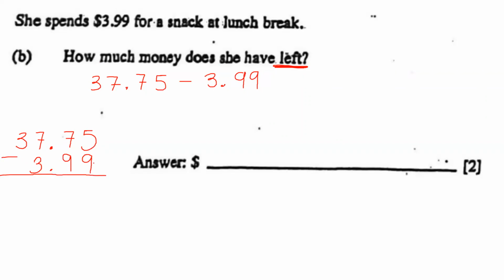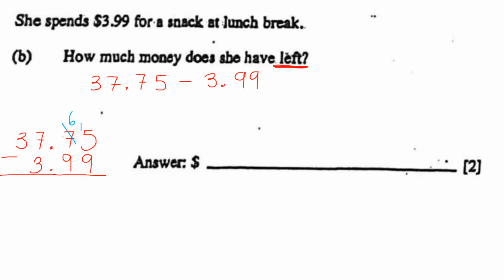5 minus 9. Well, we have to definitely borrow, or we'd say regroup. So when we cancel off the 7, what is 7 minus 1? That's gonna be 6. And so the 5 becomes 15.